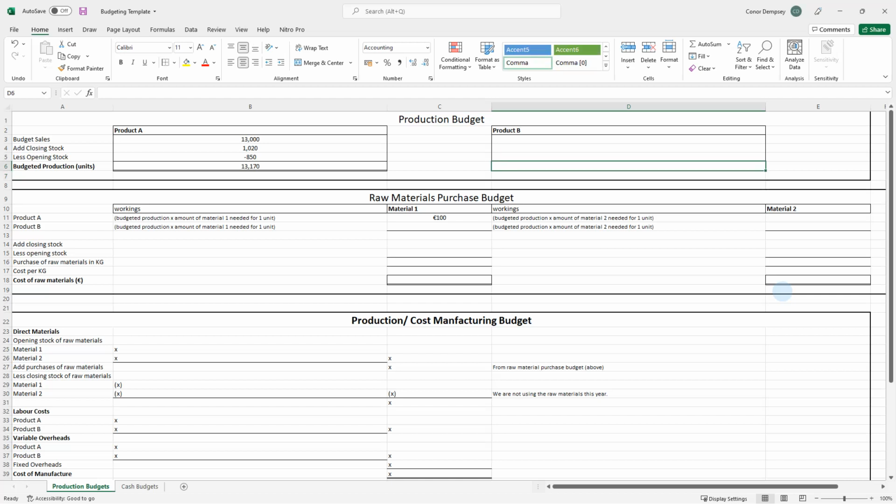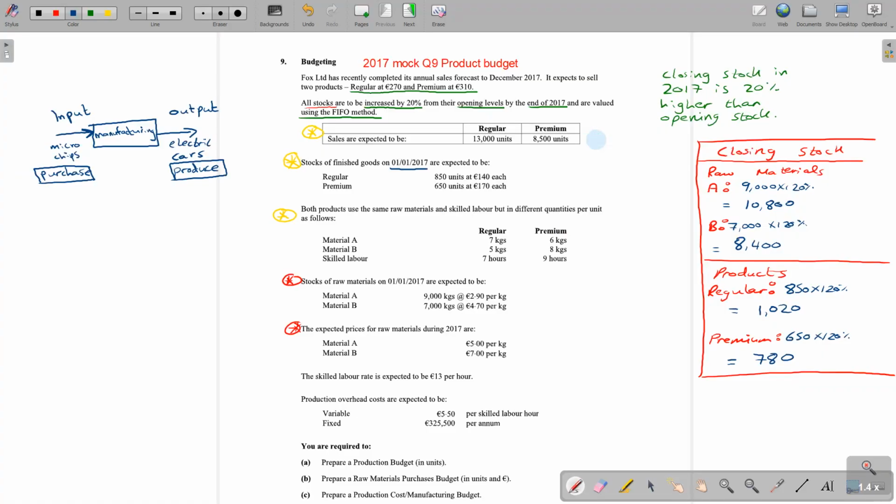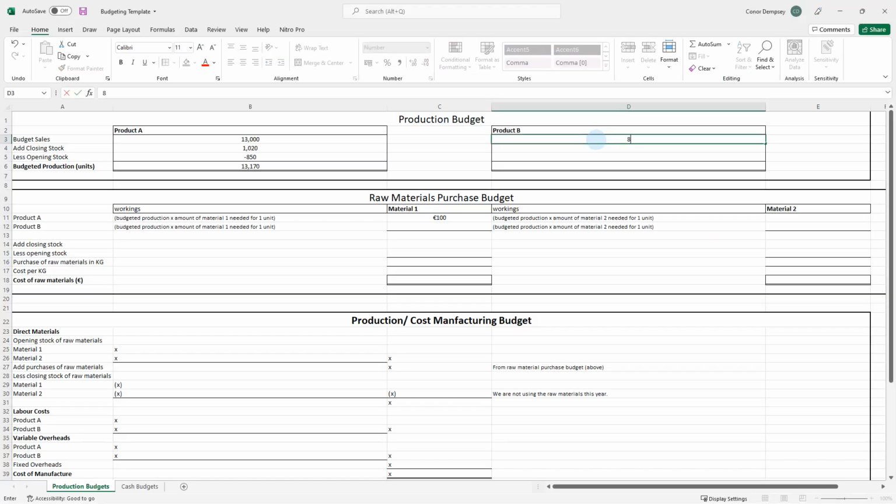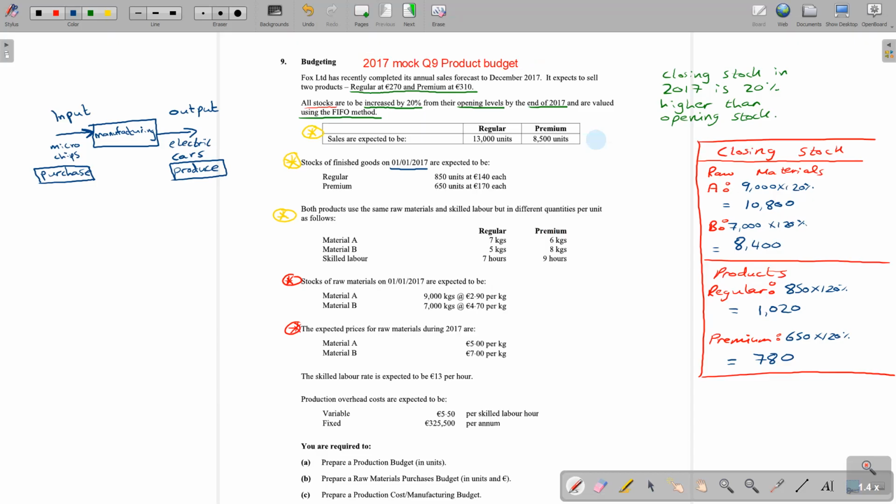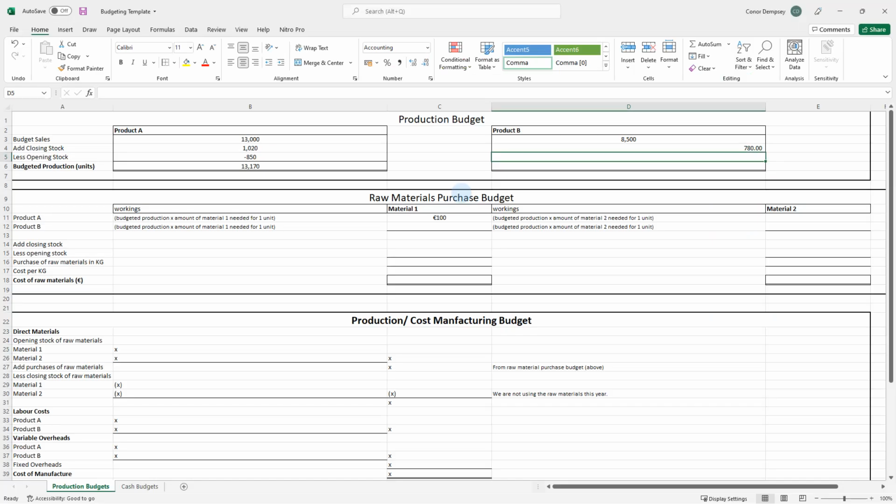Now, if we do the same here, we do the same with product B, 8,500. Our closing stock we had was 780, and our 650 was our opening stock.